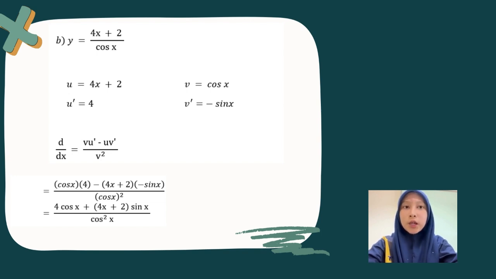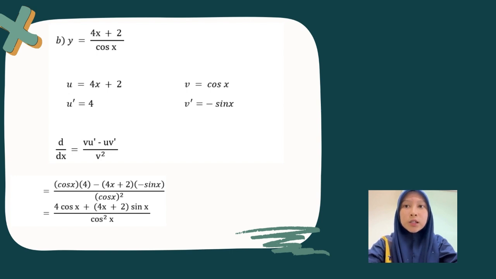And we substitute the values into the quotient rule, which is vu prime minus uv prime over v squared. We must remember this formula because some students always mistakenly mess up the formula. And then we substitute the values into the formula.